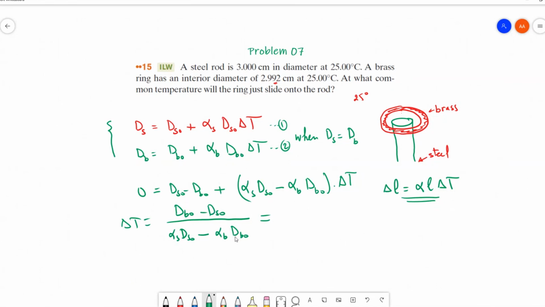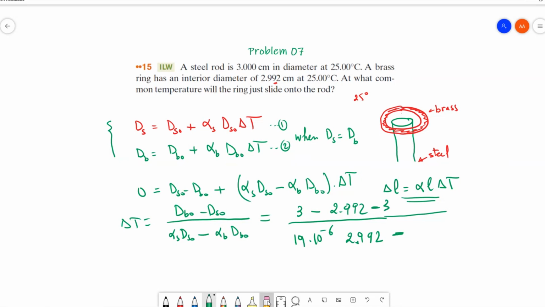I can keep it in centimeter, no problem. 3 minus 2.992 over alpha is 19, 10 to the minus 6, here 2.992 minus 3.